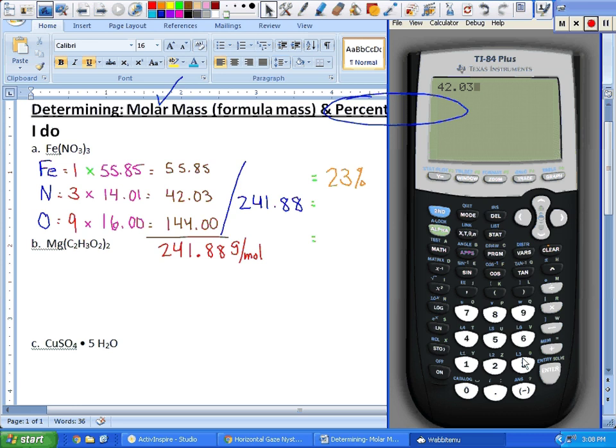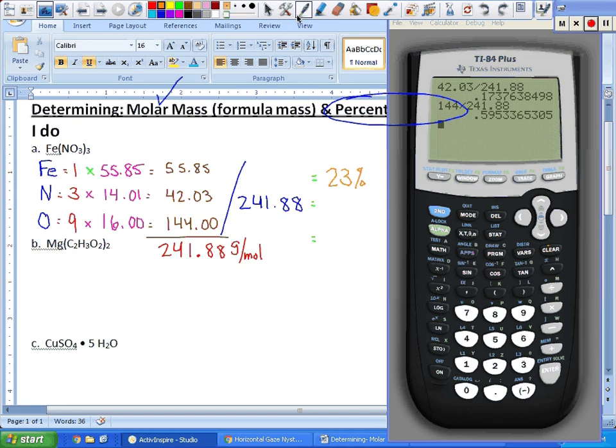And I'm going to go ahead and do the next one. 144 divided by 241.88. So I already have both of them. So what is the percentage for nitrogen? 17%. And then what is the percentage for the last one? Why 60? Got to round up.